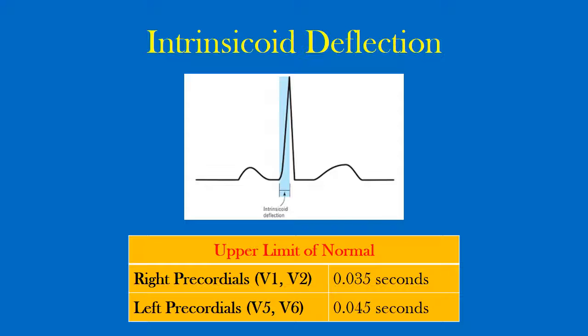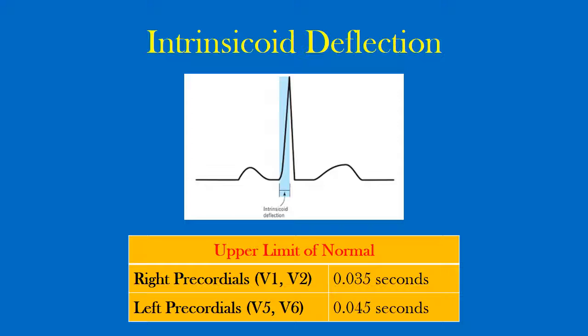One last aspect of the QRS complex we will discuss is the intrinsicoid deflection. The intrinsicoid deflection is measured from the beginning of the QRS complex to the beginning of the negative downslope of the R wave in the leads that begin with an R wave and do not contain a Q wave.